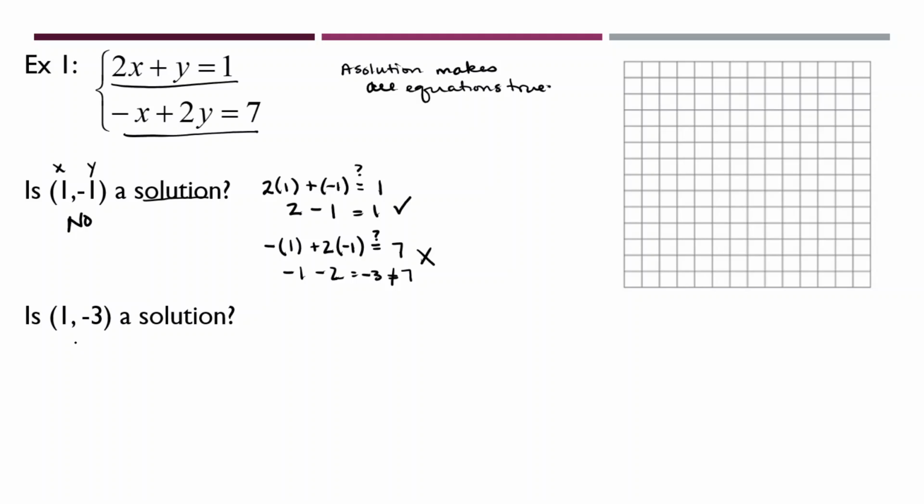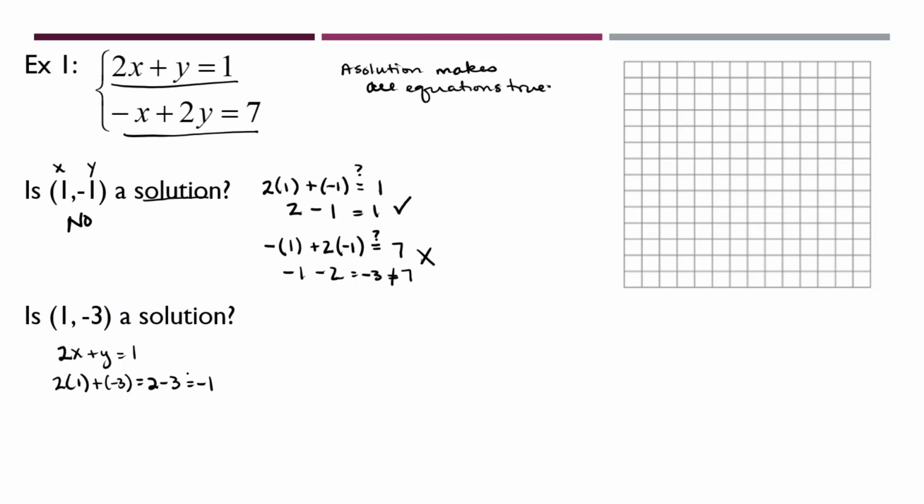Okay, so let's try this one. We'll put this into the first equation. So 2x plus y equals 1 becomes 2 times 1 plus a negative 3, which is equal to 2 minus 3, which equals negative 1.